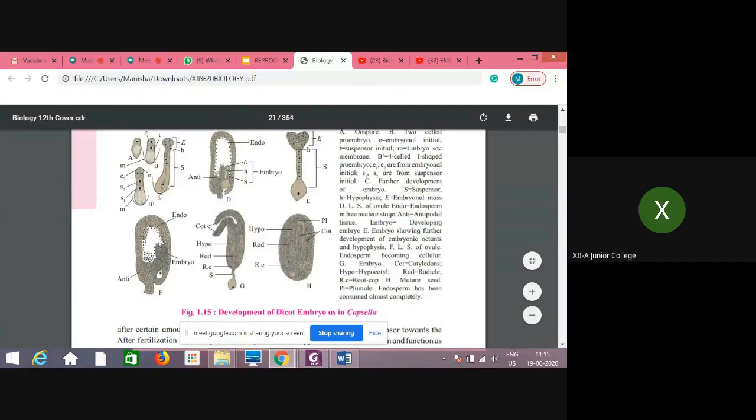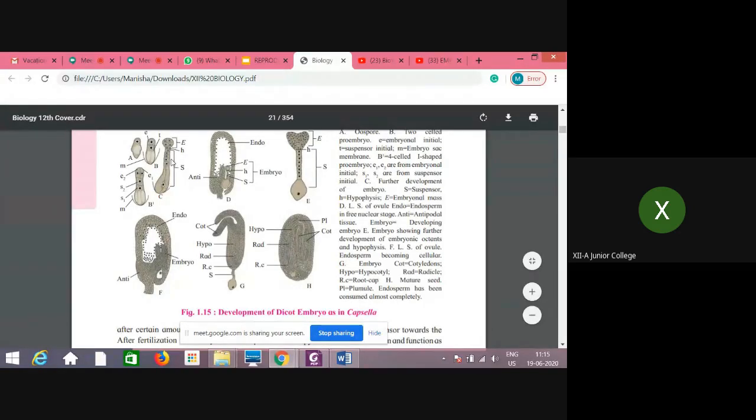Now in this diagram, you can see the next stage, from 2 cell to 4 cell structure of the embryonal cell, as well as the transverse divisions of the suspensor cells.